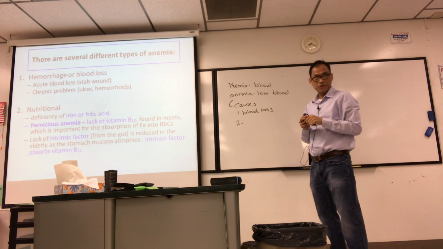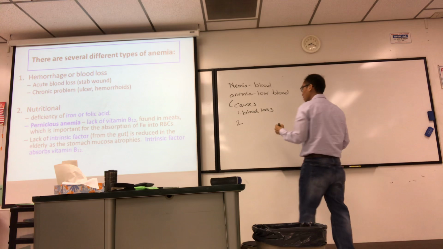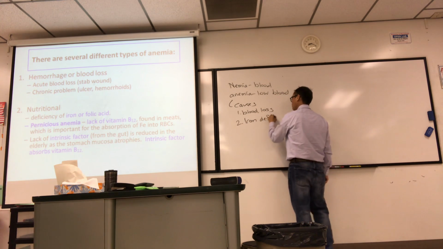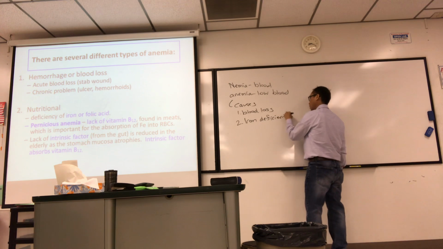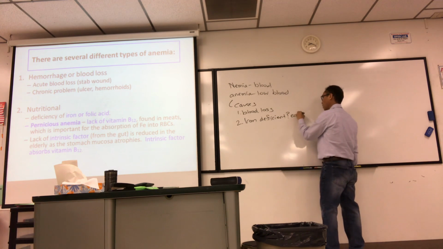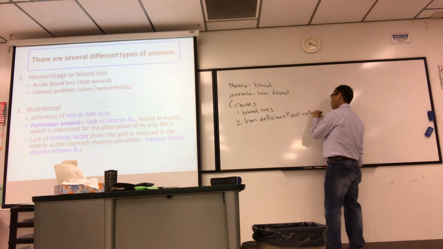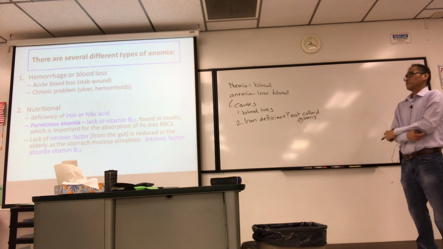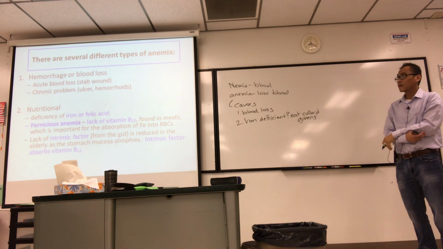Are you iron deficient? Is it nutritional? Eat collard greens. The dark green vegetables have iron. There are other foods that have high iron in them, like a lot of whole grain products do.